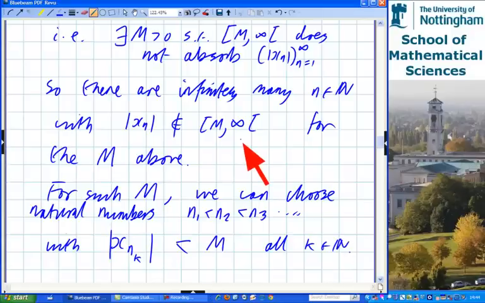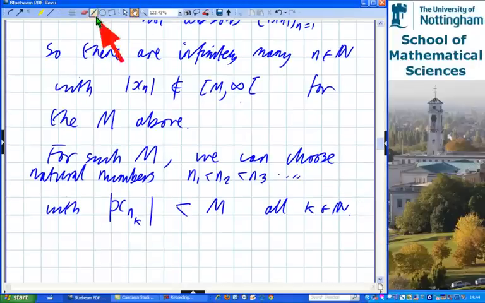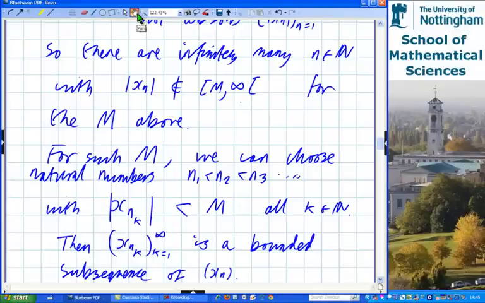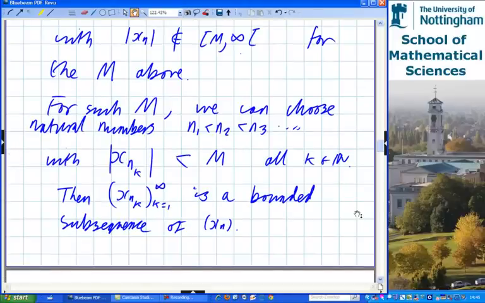That's just because the modulus isn't in the interval from m up to infinity, so the modulus has to be less than m for those ones. And that, of course, is a bounded subsequence. So that gives you not B.